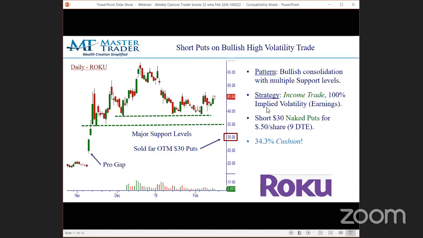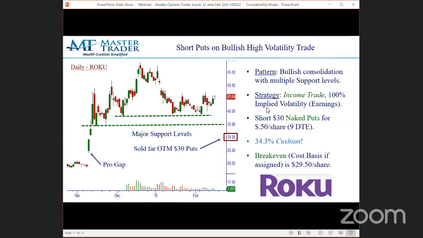That was a 34% cushion. Our break even, if we did nothing and just woke up the day after expiration and saw what happened to our position, when you sell options, it's binary.